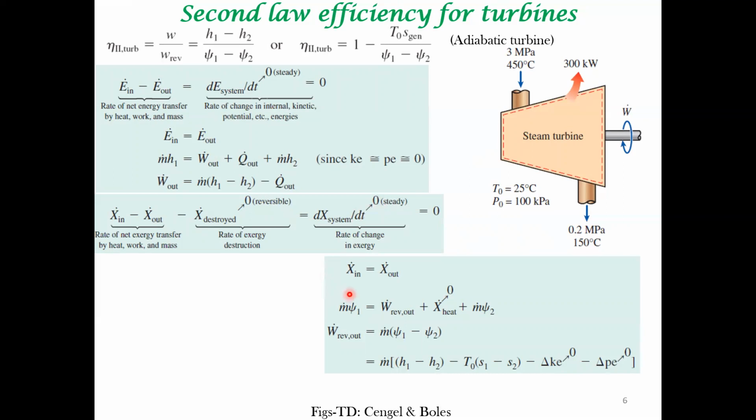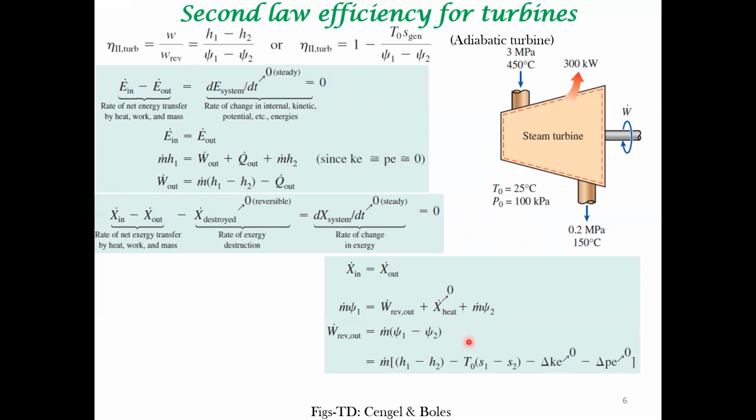Therefore, you have the rate of input exergy. So that will be the mass flow rate of the system times the exergy associated with the inlet. Then there is the exergy output from the system. And then there is the power that is obtained from the system.